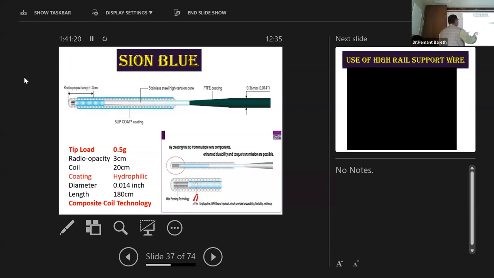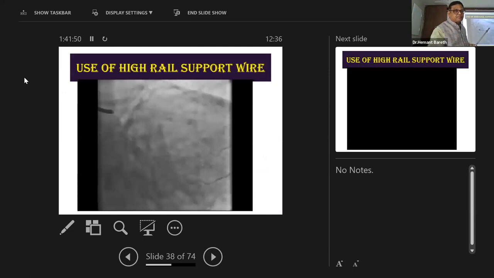There is a slip coating, a hydrophilic slip coating, which becomes a gel in contact with water. Tip load 0.5, radio opaque segment 30 millimeters, coil length 20 centimeters to 100 or 180, hydrophilic coating, over 1 inch diameter, and composite coil technology. This is composite coil technology, but I will not spend time here because we will discuss it when we discuss the CTO wires.